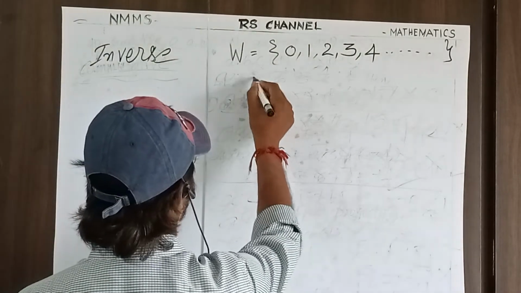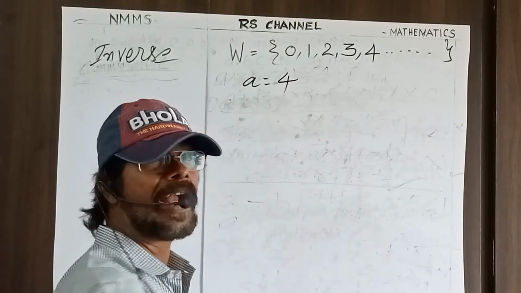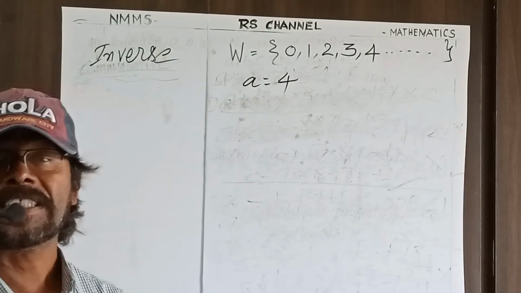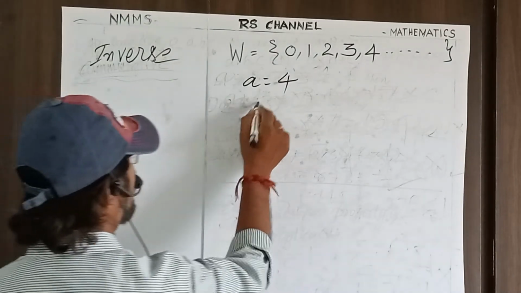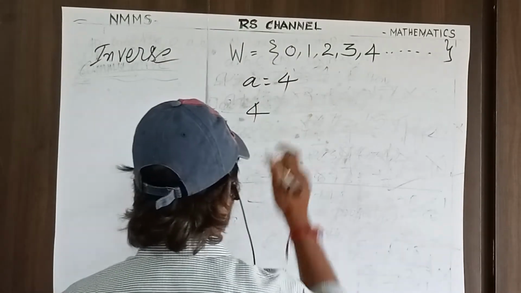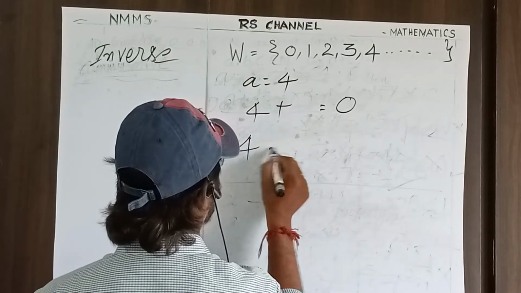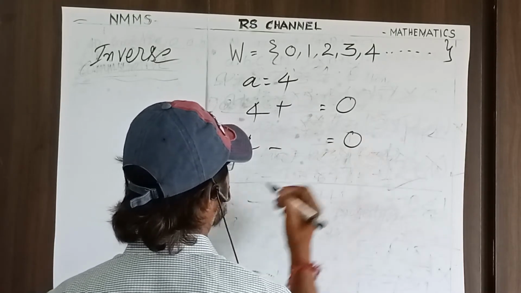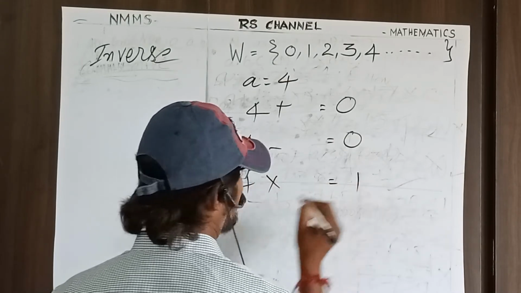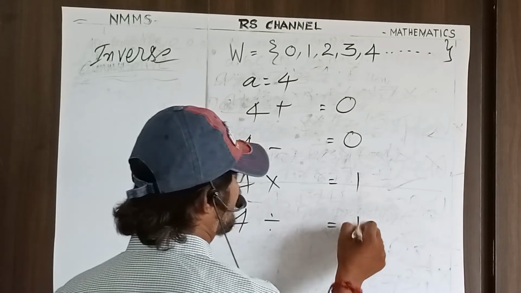Suppose I am taking A is equal to 4. I am adding some number to A. We must get the additive identity. 4 plus something, we must get 0. 4 minus something, we must get 0. 4 into something, we must get 1. 4 divided by something, we must get 1.